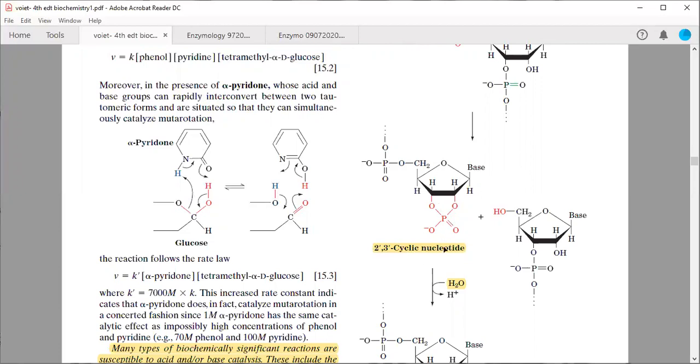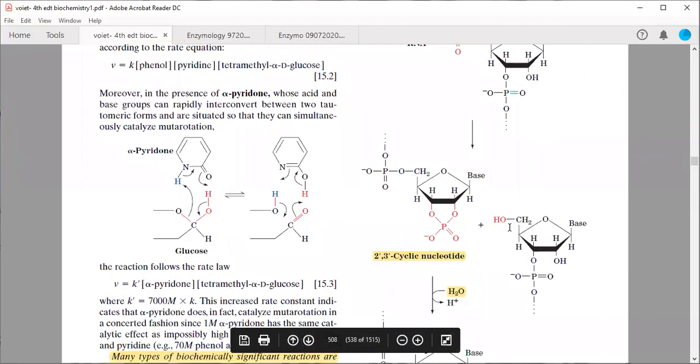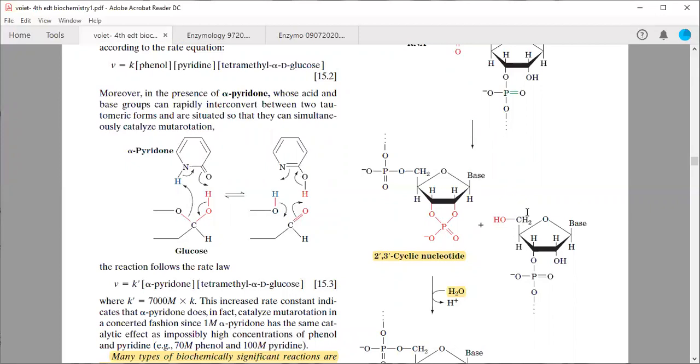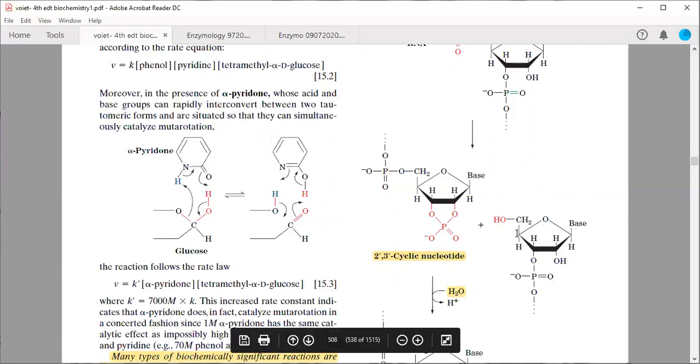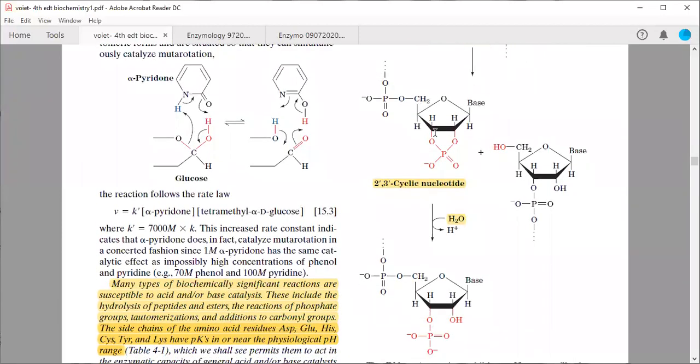This results in the breakage of this particular phosphodiester bond, generating an OH group on the 5' terminus of this residue. The 3' end of this molecule will form a cyclic intermediate with the rest of the chain.